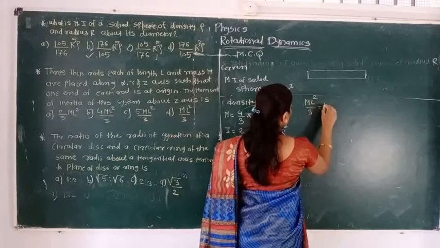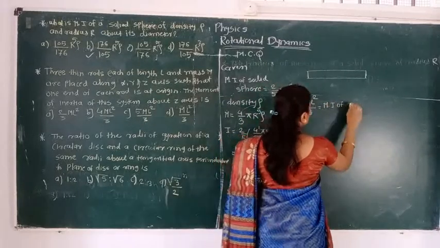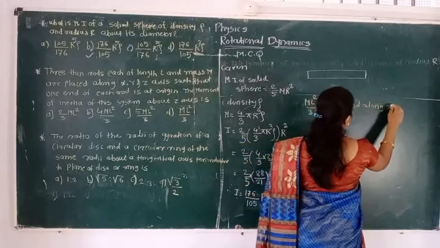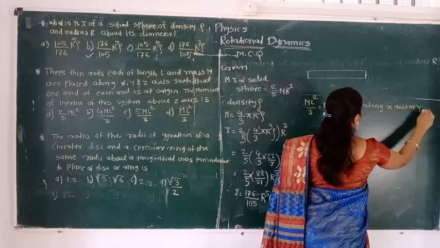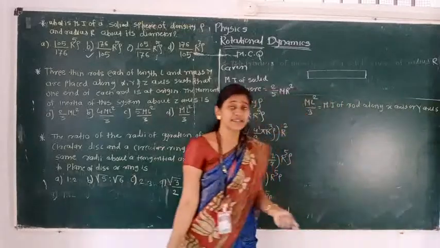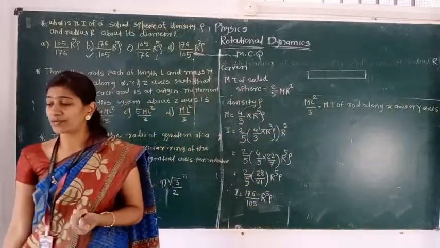It is the moment of inertia of a rod along the x axis or y axis. Along the x axis and along the y axis, the formula is the same: ml² divided by 3.